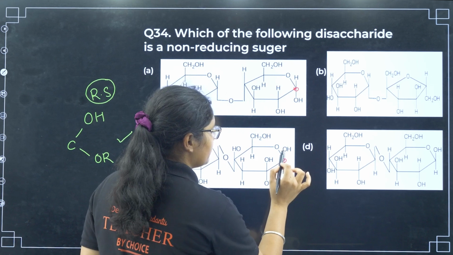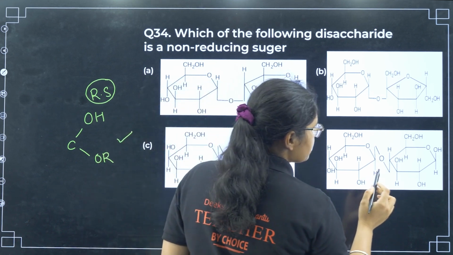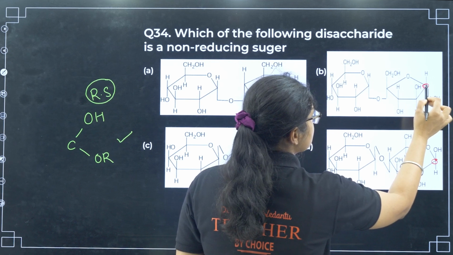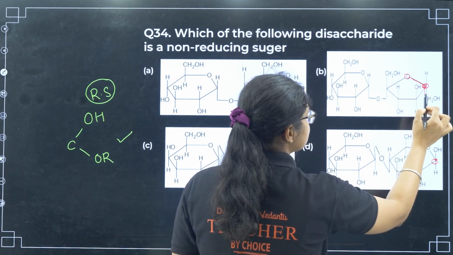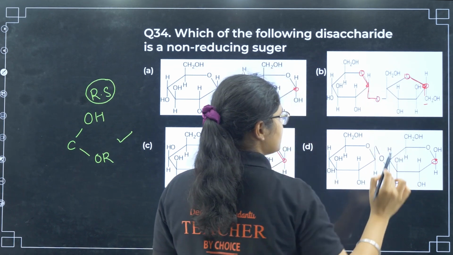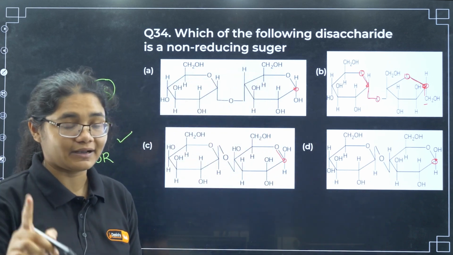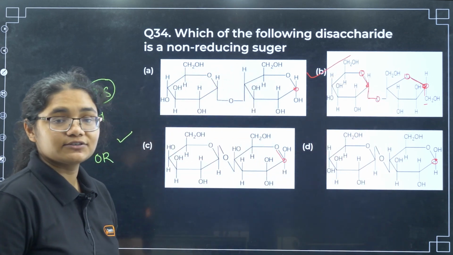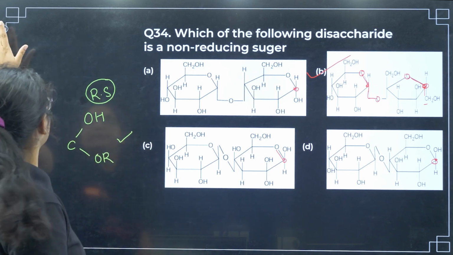Here also OH and OR, reducing sugar. Here, this side it is O and this side it is C, and here also I don't have OH, and this side also it is O. So I cannot find an OH, OR group attached to the same carbon. So definitely this is your non-reducing sugar, which is option number B.